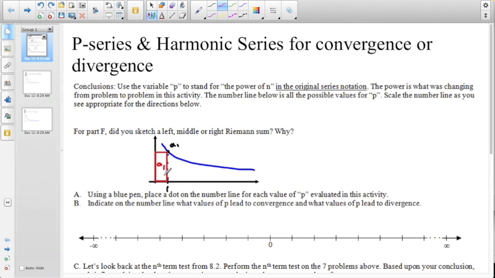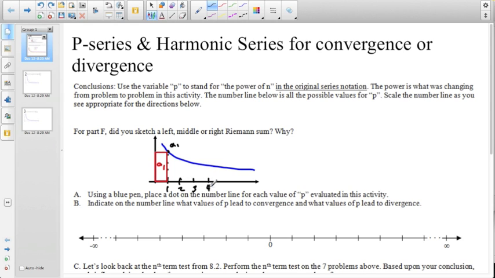And so if this is the a sub 1 box, it's got to be there by the time I get to this first term. By the time I get to this second marker here, I better have 2 boxes. By the time I get to this third marker here on the x-axis, I better have 3 boxes. So I'm adding up 3 boxes, because adding up 3 boxes is the same as adding up 3 terms in a series.